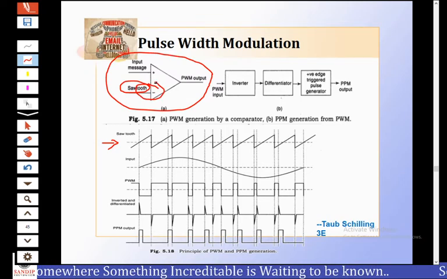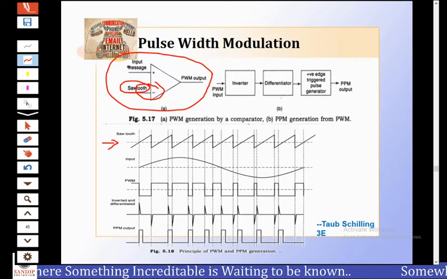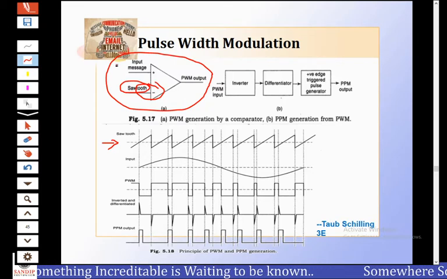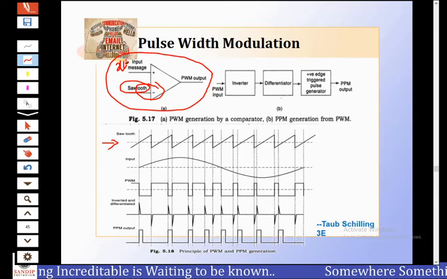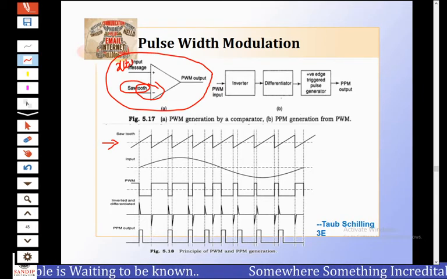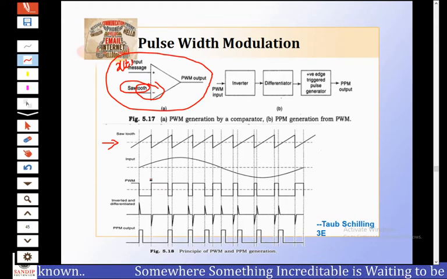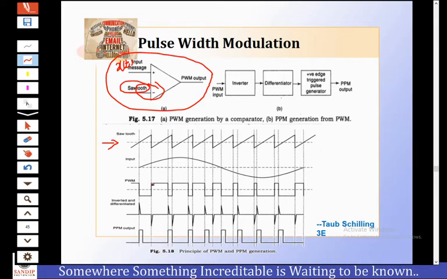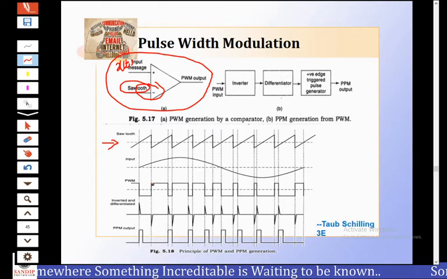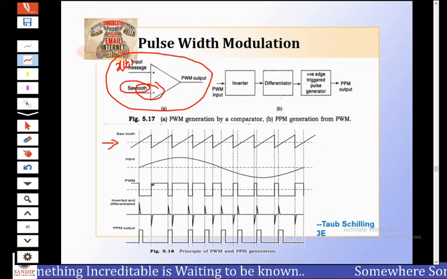The modulating signal x of t, the input signal or modulating signal x of t, is applied to the non-inverting terminal of the same comparator. The comparator output will remain high as long as the instantaneous amplitude of x of t is higher than the ramp signal.